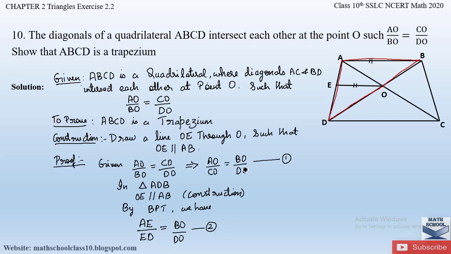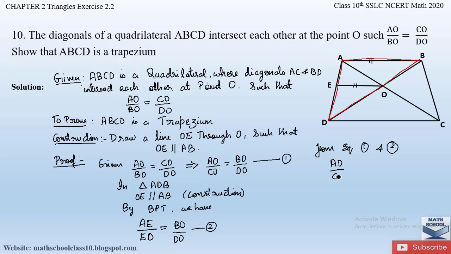Now comparing equations 1 and 2, you can observe that the right hand sides are the same. If the right hand sides have equal values, then the left hand sides are also equal. So write down: from equations 1 and 2, we can say that AO by CO is equal to AE by ED.